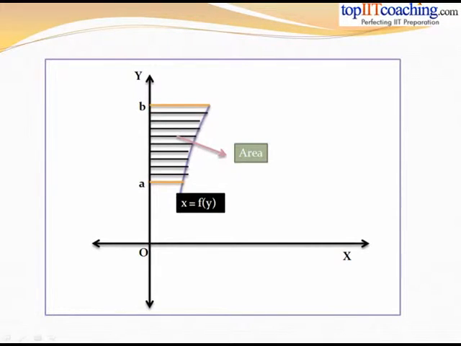This is the y-axis, this is the line y equal to a and this is the line y equal to b. Now the area between this curve, the y-axis, and the lines y equal to a and y equal to b is this portion. And the value of this area is modulus of integral of f(y) dy from a to b.